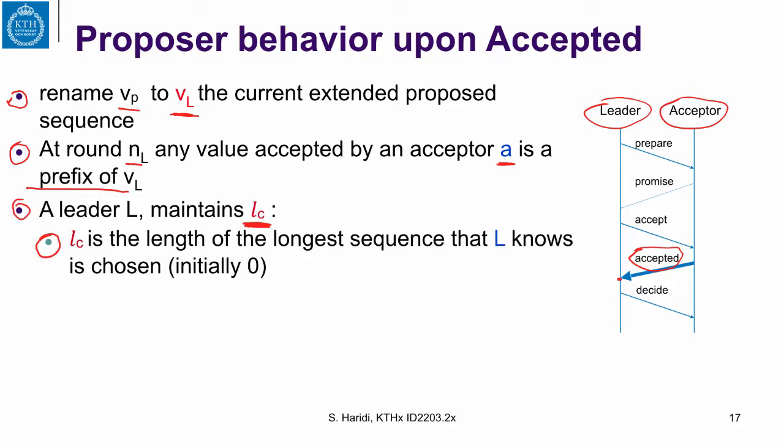And the leader maintains a variable LC, which is the length of the longest sequence that L knows is chosen. So initially the length is 0.